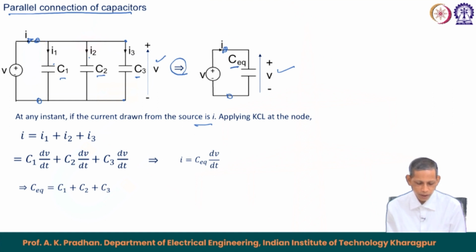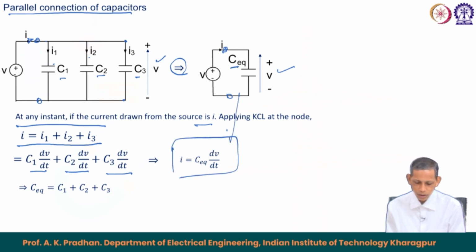If we apply KCL, then I becomes equal to I1 plus I2 plus I3, where each current equals C dV by dt: C1 dV by dt, C2 dV by dt, C3 dV by dt for I1, I2, I3 respectively. Comparing with the equivalent circuit, I equals C equivalent dV by dt. So, dV by dt is common.